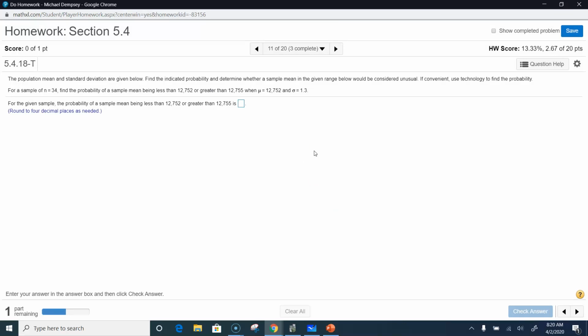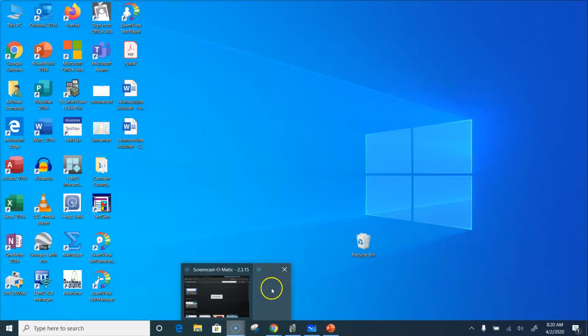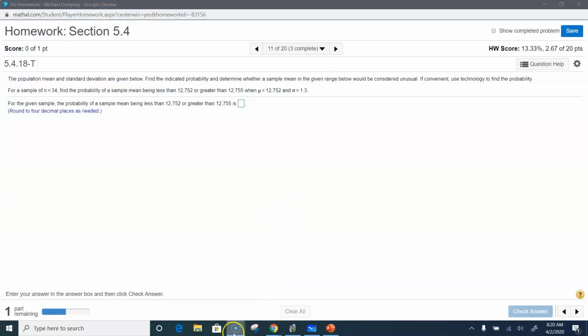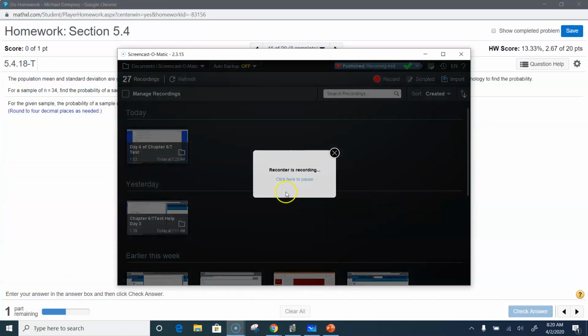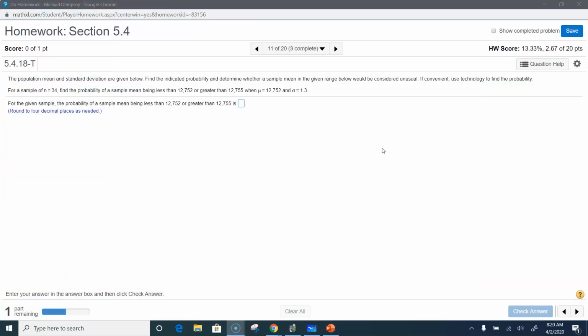The population mean and standard deviation are given below. So this is going to bring normal CDF into play for us. Find the indicated probability and determine whether sample mean in the given range would be considered unusual.